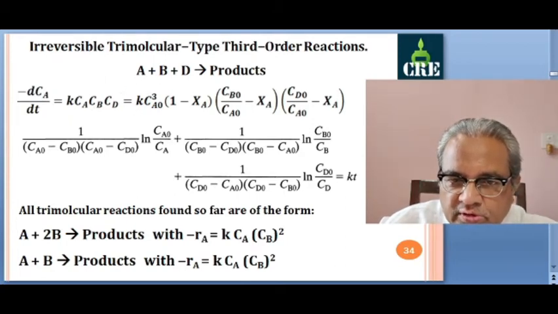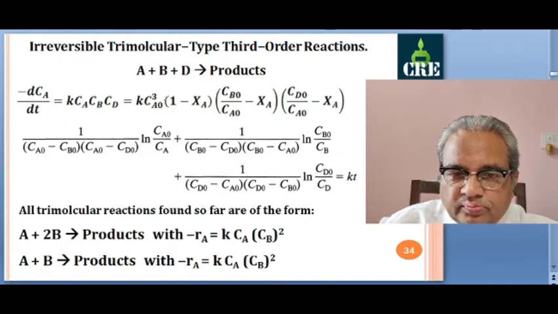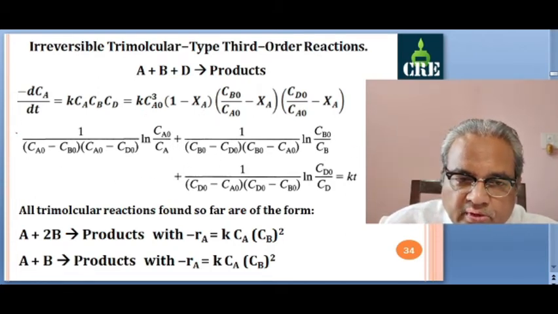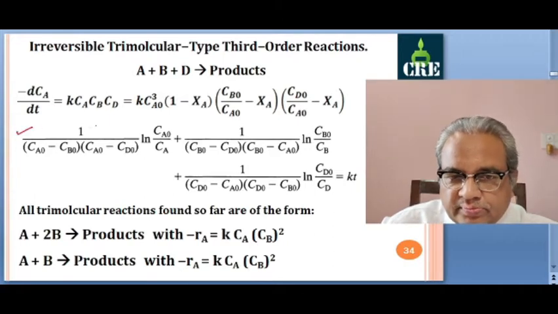So I can take out CB0 by CA0 and CD0 by CA0, and if I take CA0 common from each bracket, I get a CA0 cube term. If you separate the variables and solve this, you will get this kind of equation.